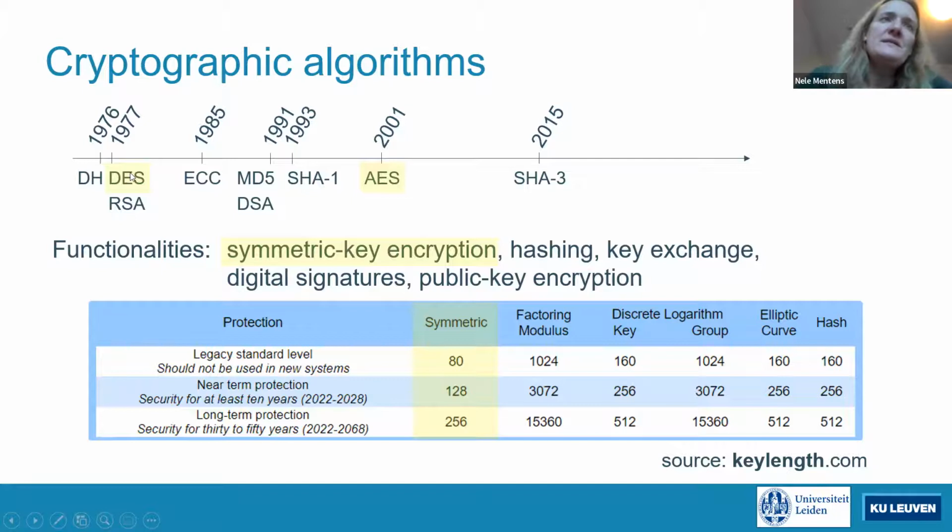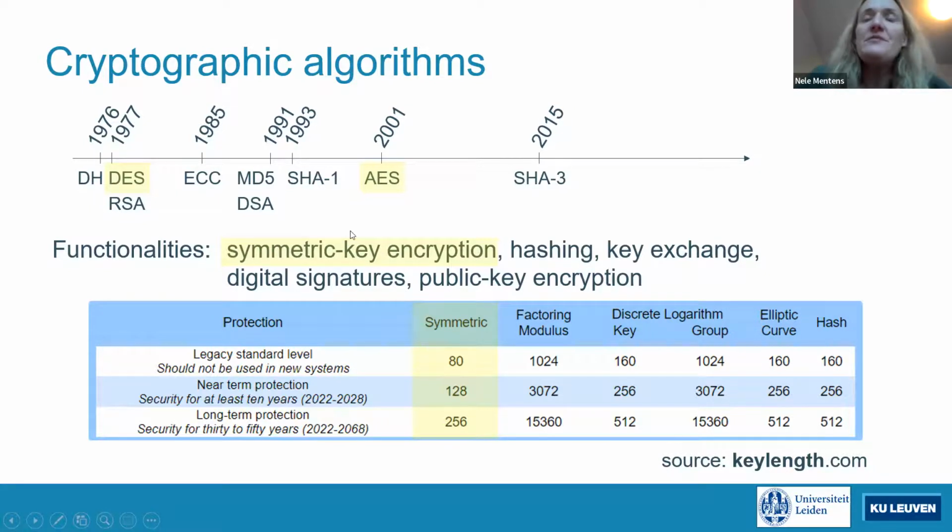For example, there was the Data Encryption Standard, or DES, in 1977, which was found to be no longer secure after a few decades. And then AES, the Advanced Encryption Standard, was announced as a new standard in 2001.